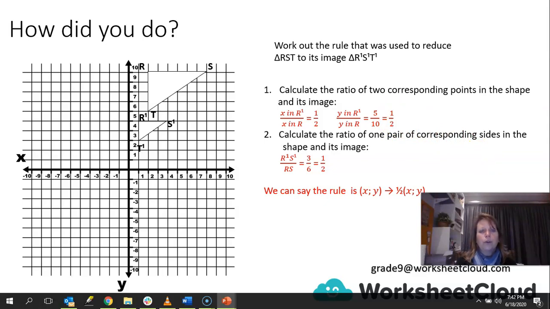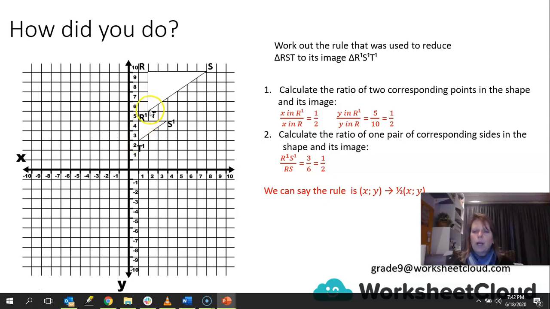You don't have to go through every single one, but each time also use your point of origin, if that is your center point. Use your point of origin and say, is T1 half the distance away than T is? Because remember, you've halved it, you've made it smaller, you've reduced your shape. You could use the T, the S, or the R. What are the coordinates for T1?